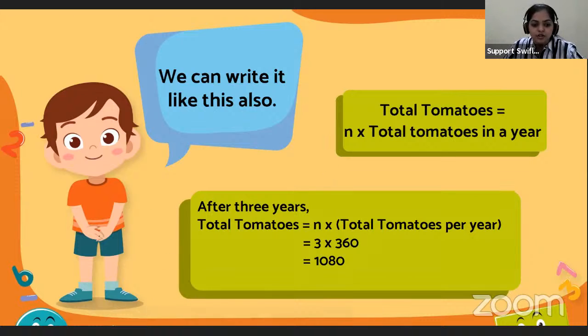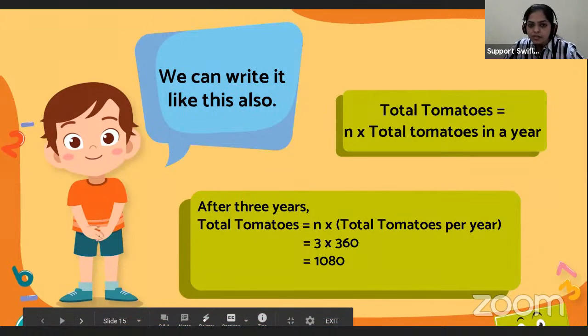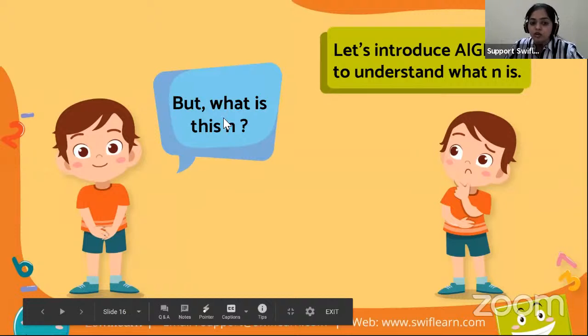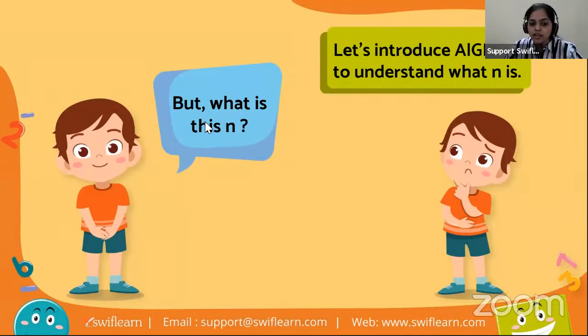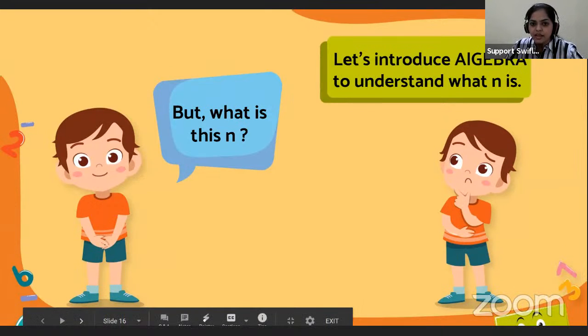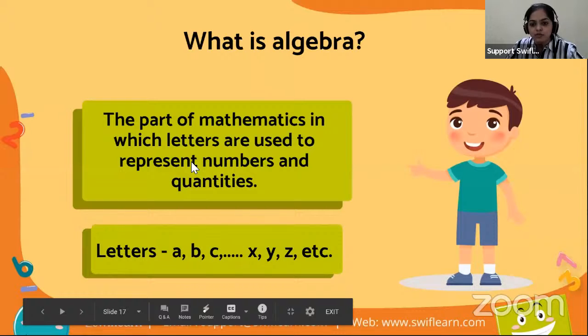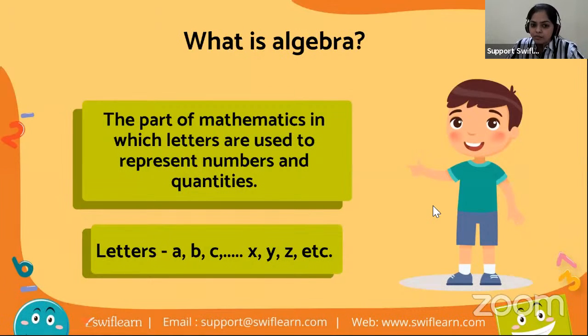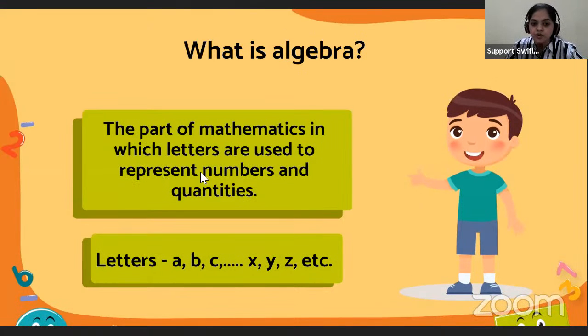All right. So let's move to another example to understand algebra. Now the question arises: what is this n? So let's introduce algebra to understand what n is. And actually first we will just define what algebra is. So what is algebra? The part of mathematics in which letters are used to represent numbers and quantities.